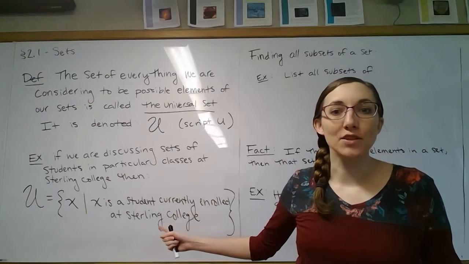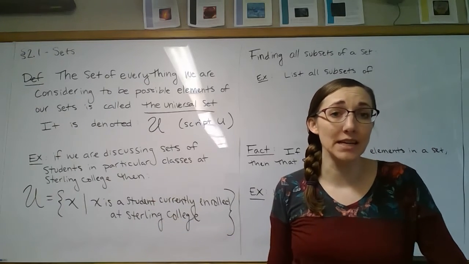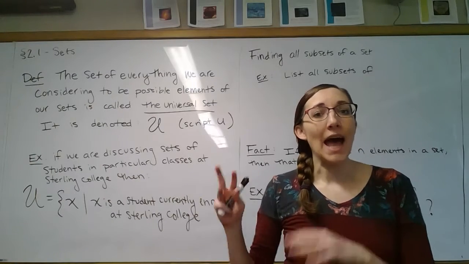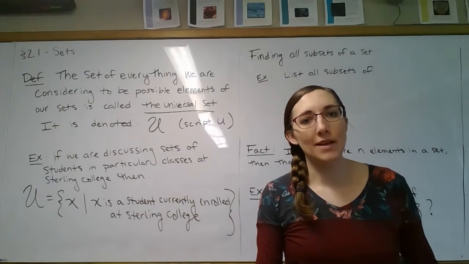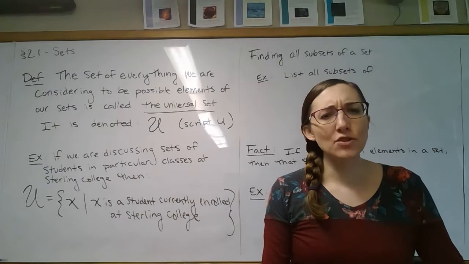This list, the list of all students currently enrolled at Sterling College, would be like the list that the registrar has. They have every student, and then we can make subsets of those students who are enrolled in particular classes at Sterling. So it's just a useful tool.